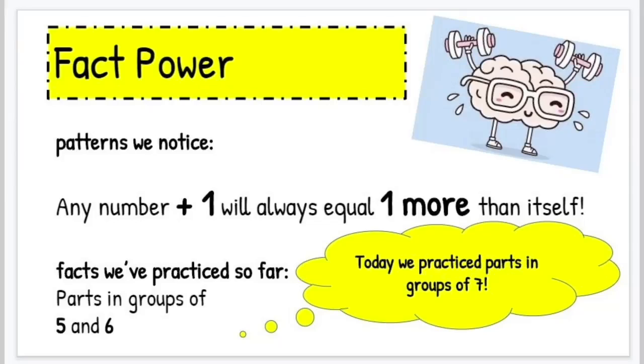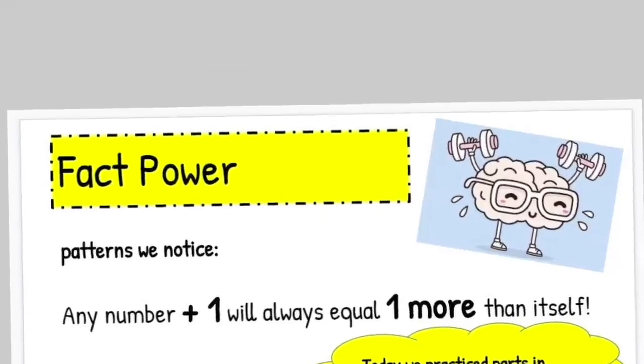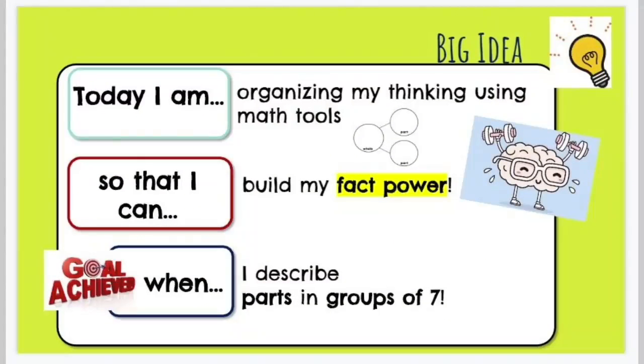So adding to what we already have built up on our fact power, patterns that we've noticed, any number plus 1 will always equal 1 more than itself, and facts that we have practiced so far are facts that have parts in groups of 5 and 6, and today we added to that by practicing parts in groups of 7. Now remember, good mathematicians think about their goal before, during, and after the lesson.